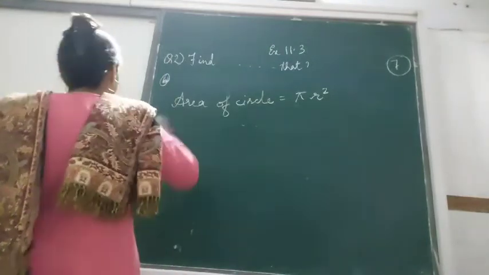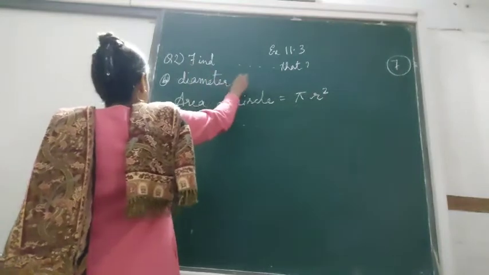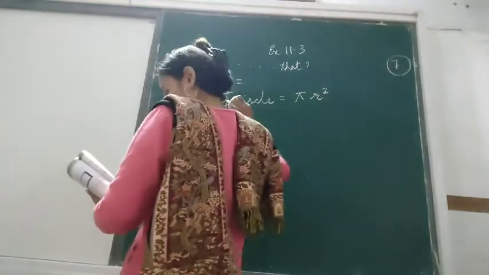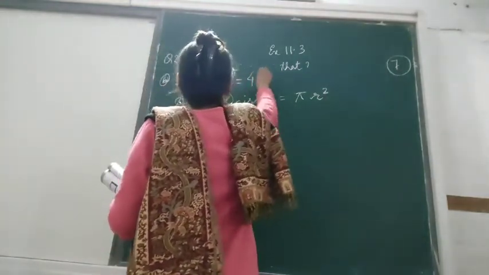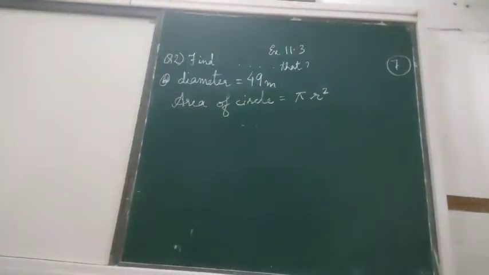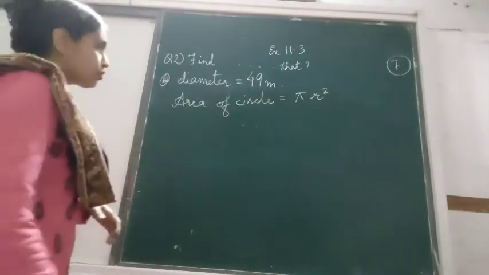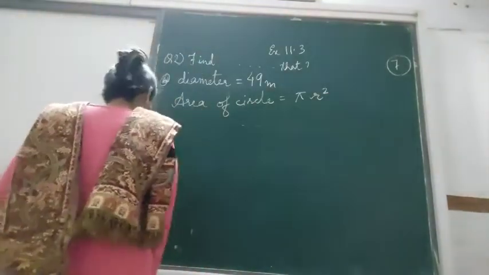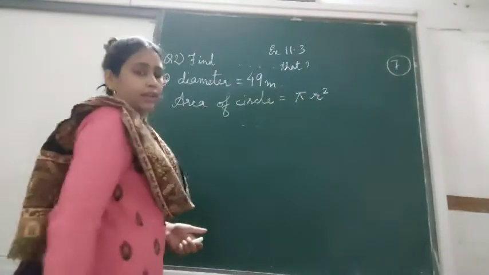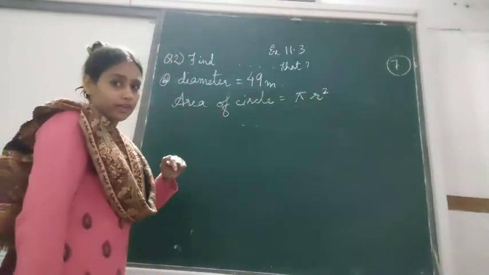I have to write this also. Diameter is equal to 49 meters. So we all know that the area of the circle is given by pi r square, but we don't know the value of radius here, but we can find out the value of radius.